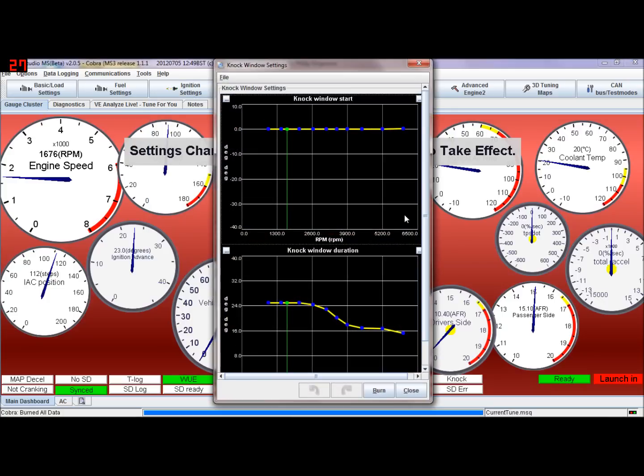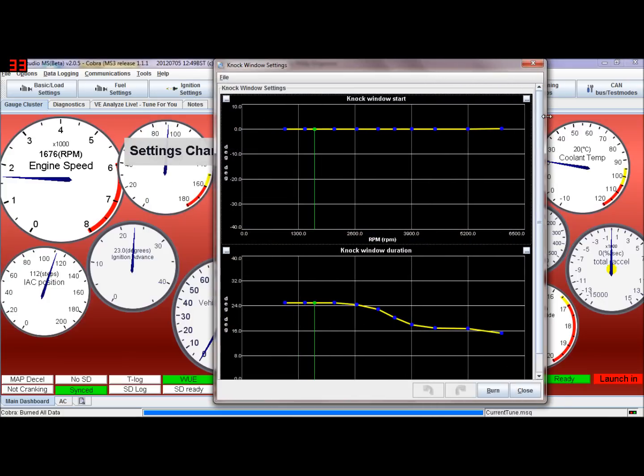Then we've got a window. This is quite clever, very clever in fact. The theory is that knock only happens after top dead center, and only for a small amount of time after top dead center. So if the knock sensor sees any noise just before top dead center, it's not knock, it's something else.